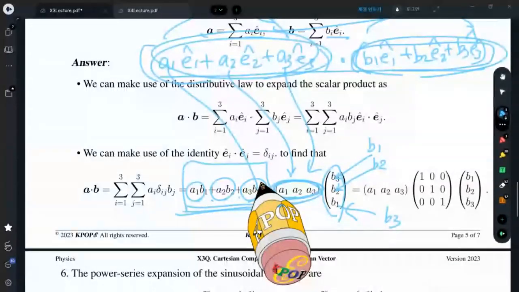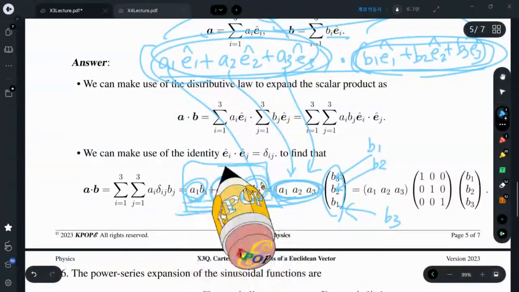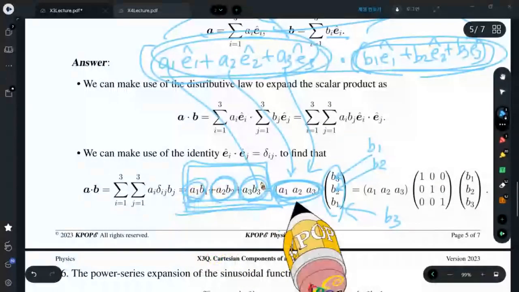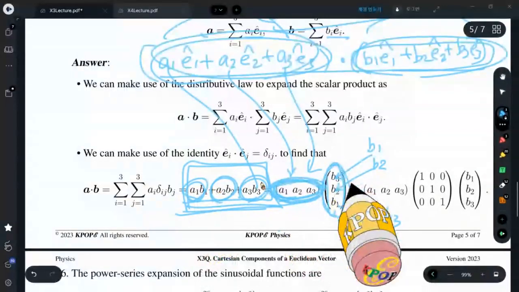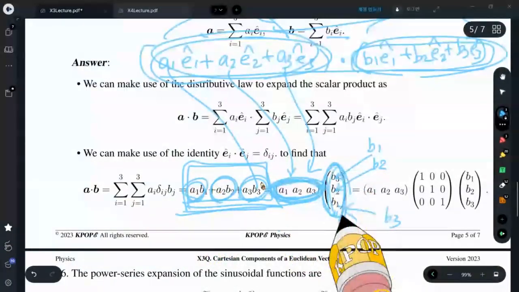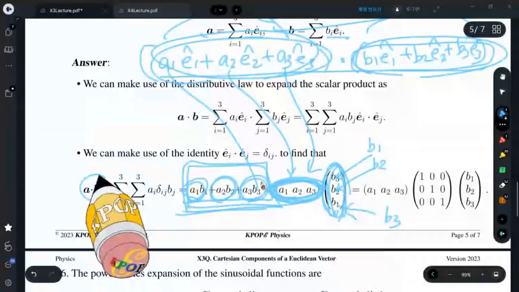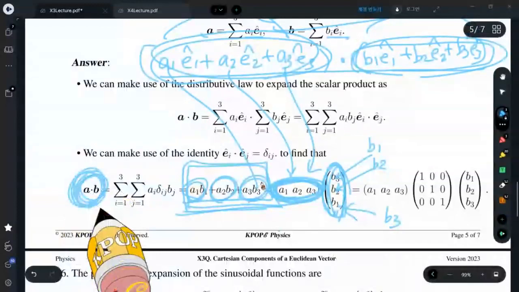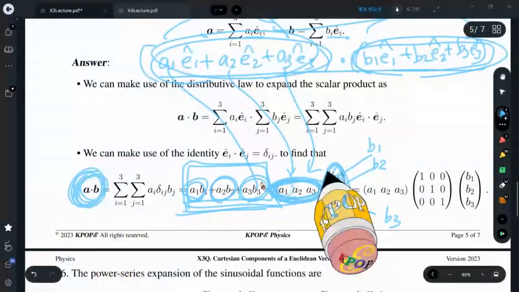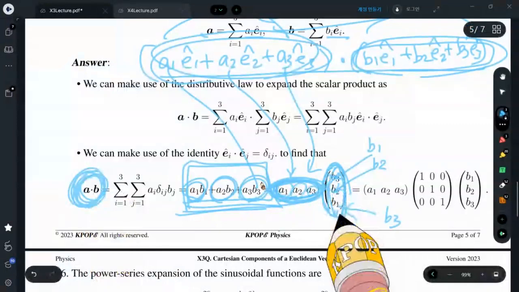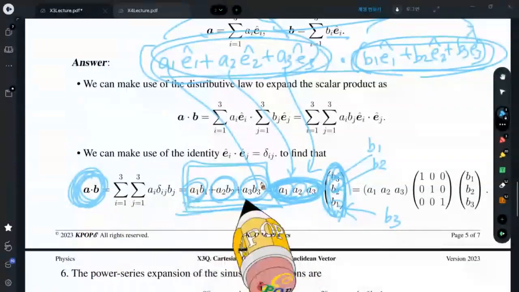We denote this sum by the product of this row vector and column vector. The rule of multiplication here is, by definition, the scalar product between A and B. So first, second, third: multiply, then add them up.